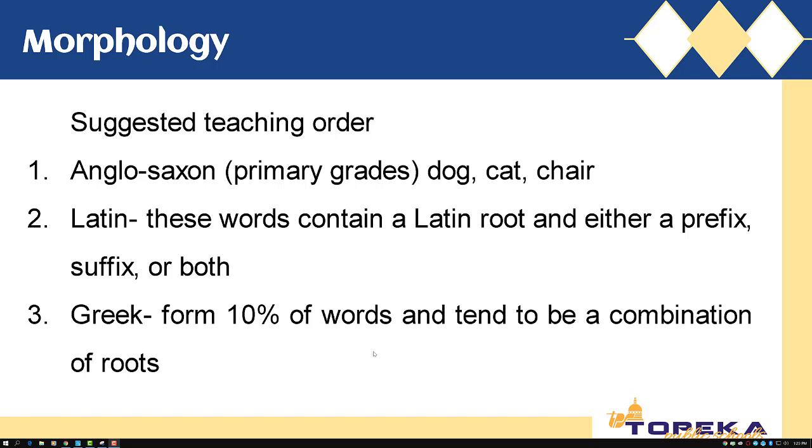And Greek words are especially important in domain-specific areas such as math and science. So as you're teaching your students, it's important to teach them Latin and Greek roots and prefixes and suffixes. So that should be a part of your instruction that you are giving to your students.